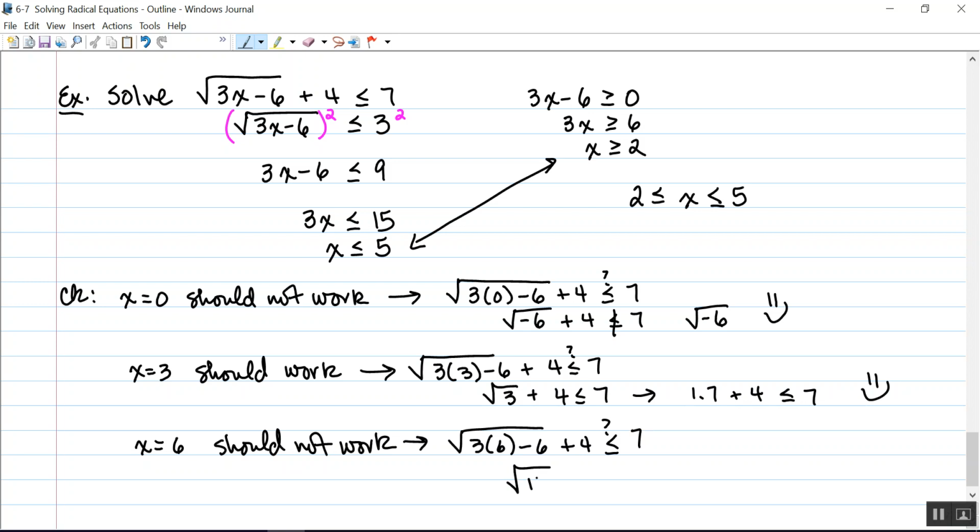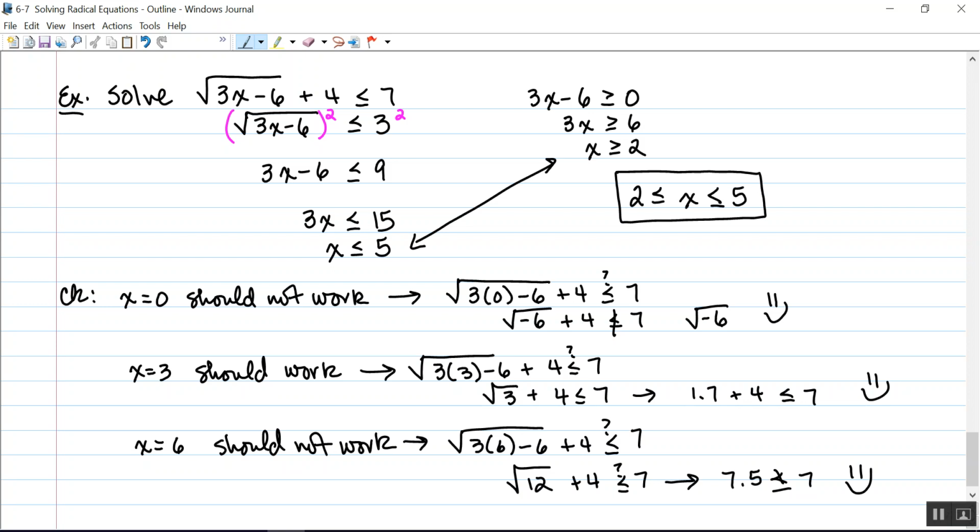Square root of 12 plus 4, less than or equal to 7. Square root of 12 plus 4 is approximately 7.5. That is not less than or equal to 7. It didn't work. It wasn't supposed to work, and I'm happy. So my final answer is any values that are between and including 2 and 5.